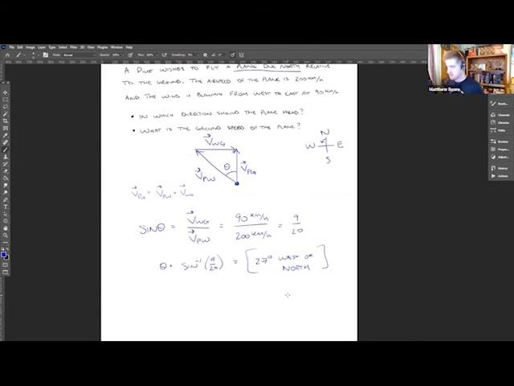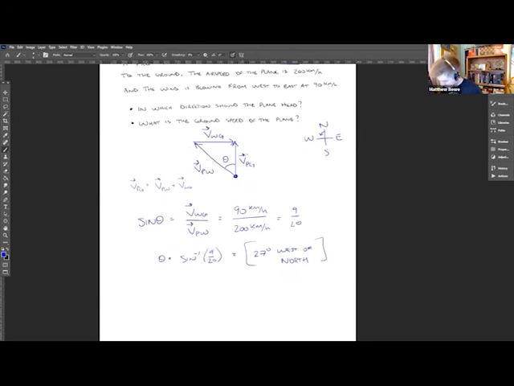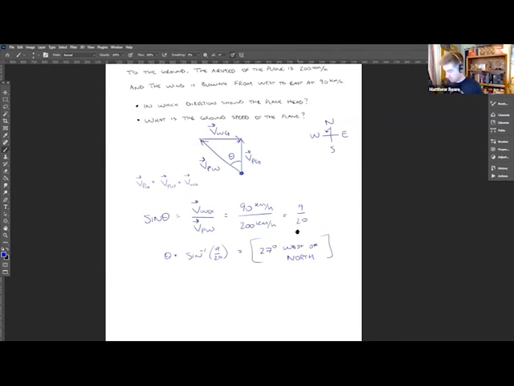What is the ground speed? So what is someone on that larger reference frame seeing? What is the value of this vector? I'm sorry, not this vector, it's this vector. So what is the ground speed of the plane?